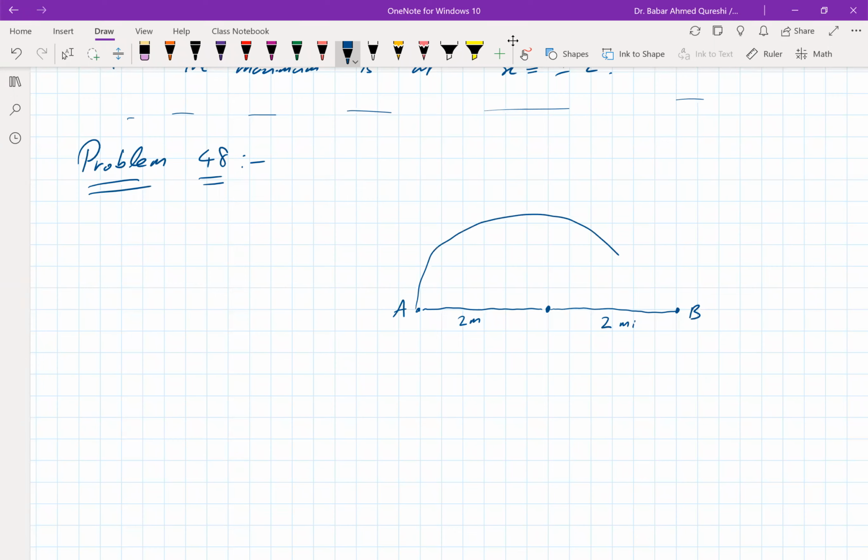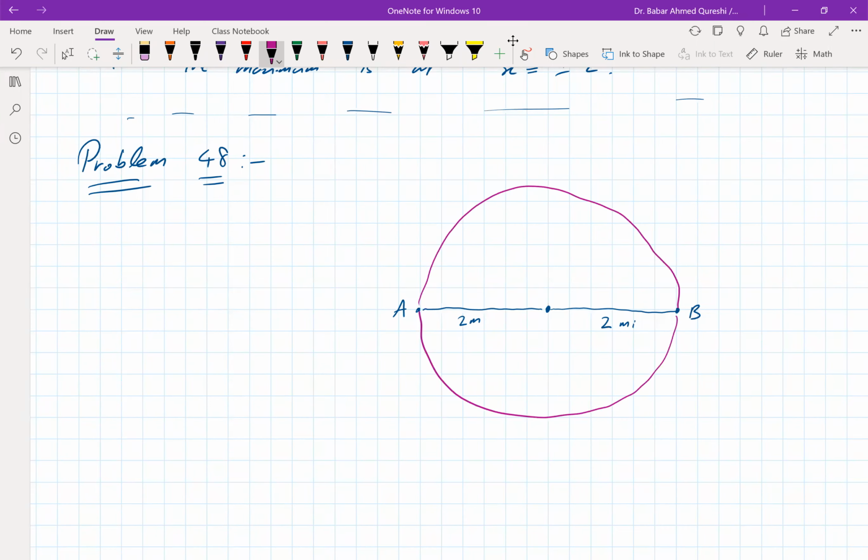And this is a circular lake of radius 2 miles. So which path should she take? Which is the smallest one? Any idea? If you want to go from A to B, which is the best path?